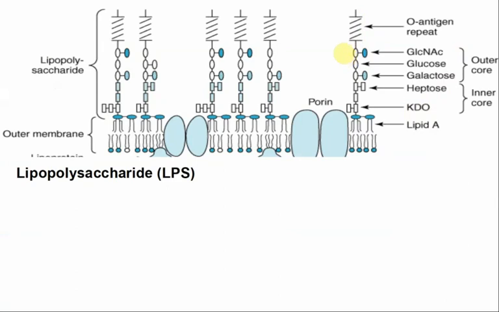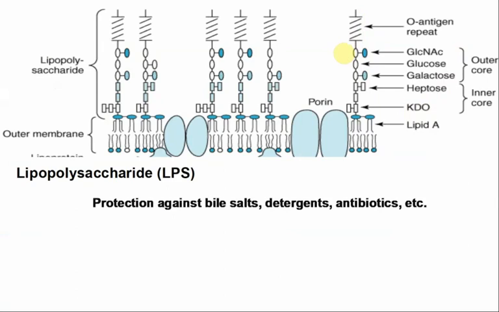So what is this for? The lipopolysaccharide layer is there to protect the outer membrane from chemicals that can attack it, like detergents, bile salts in the digestive system. It also prevents some large antibiotics from getting access to the outer membrane.